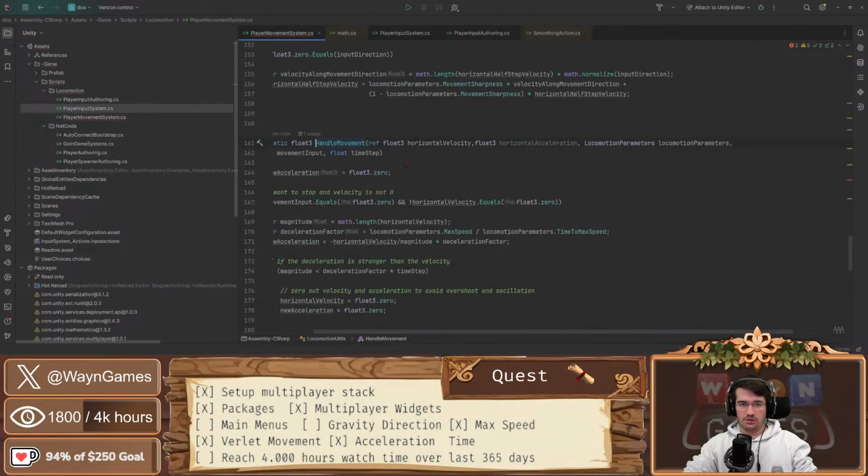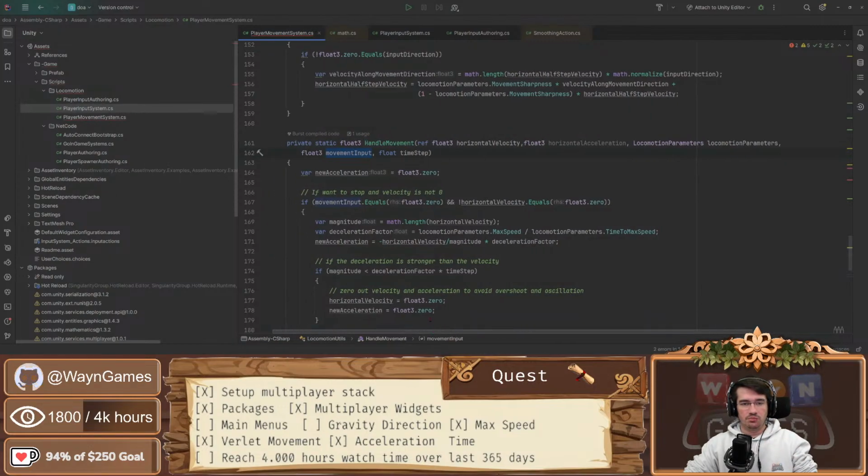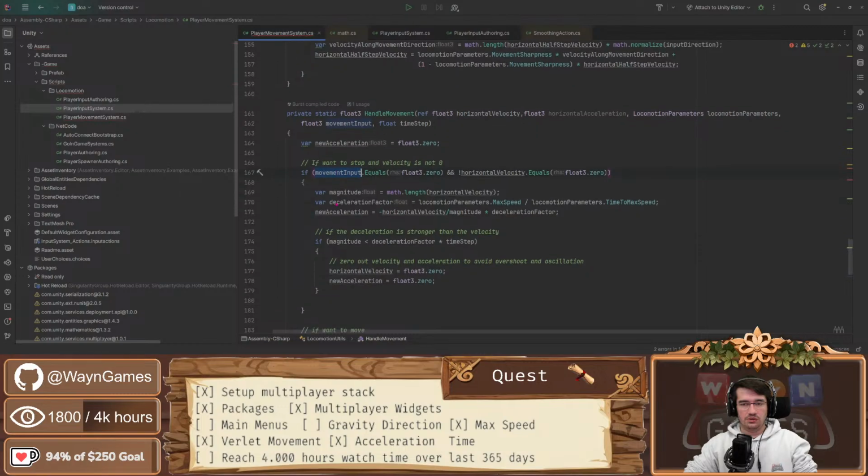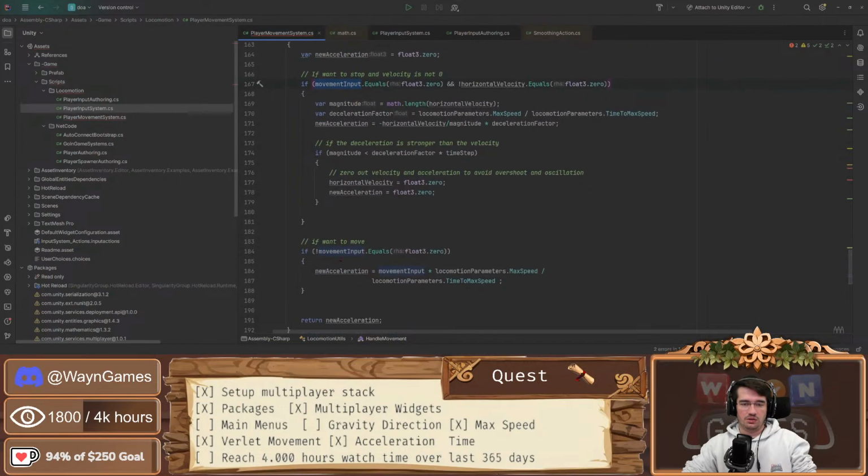And for this one I'm using movement input. I'm using this just for the magnitude. No, I'm also using this here. And if I want the acceleration to be proportional to the joystick input, I also need the magnitude, so I actually need both.